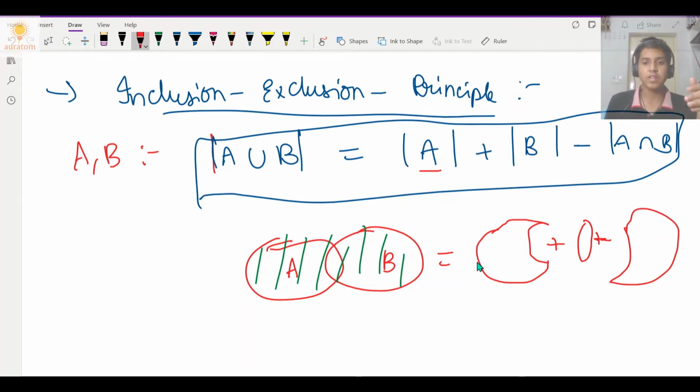So A union B will be equal to this part plus this part plus this part, which I broke into parts here.